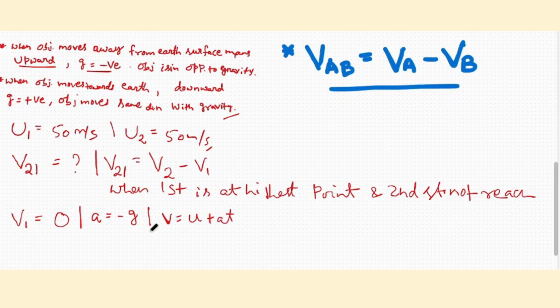Substituting, v is 0, u is 50, minus g into t, where g is 10. So t is equal to 50 by 10, 5 seconds. So it takes 5 seconds for the first stone to reach the highest point.